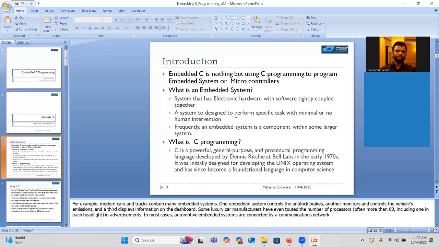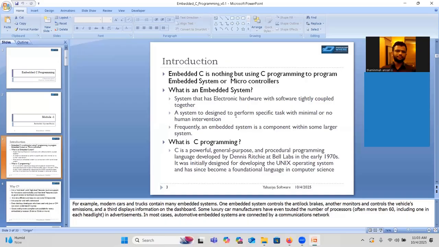Most of the programming languages are from a web point of view, but embedded C will be dealing with hardware. Actually, let me tell you the truth. OS programming, Unix, Linux, these OS are written using C programming only.